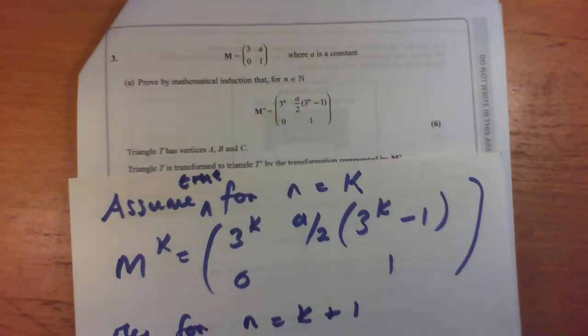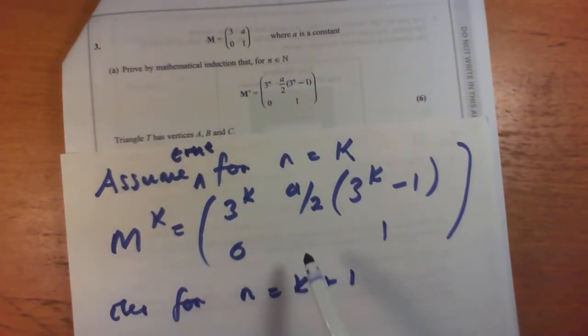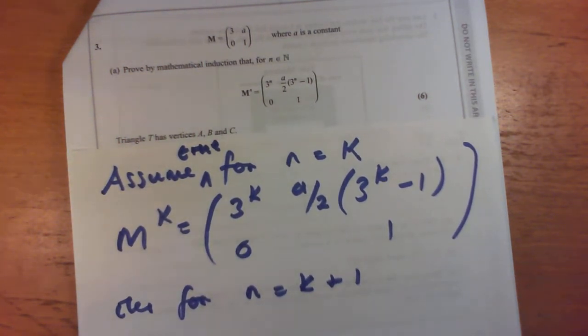Now you know what you're trying to achieve here. You're trying to manipulate things so that you get this with all the k's substituted by k plus 1. For an induction of this type, you say M^(k+1).